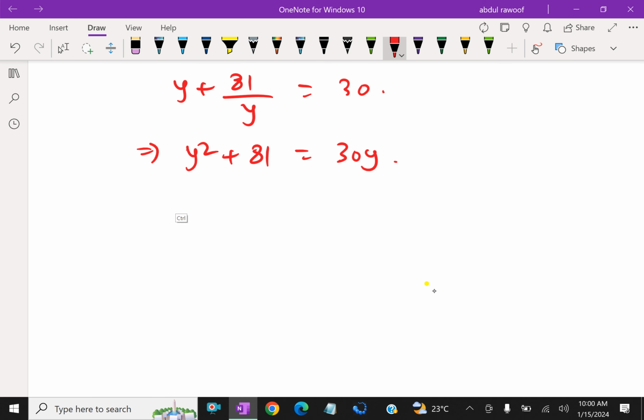Then collecting on one side, y squared minus 30y plus 81 equal to 0. It is a quadratic in terms of y.